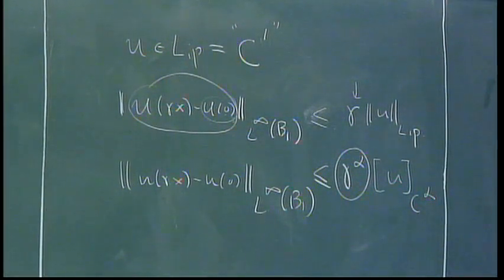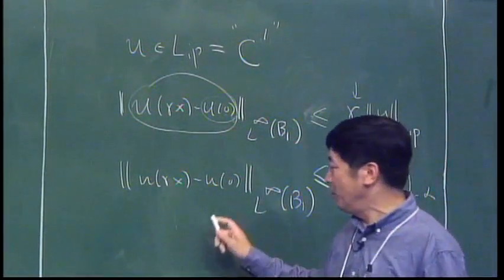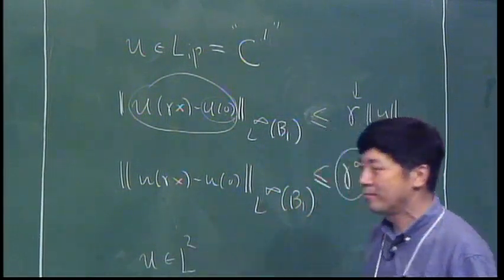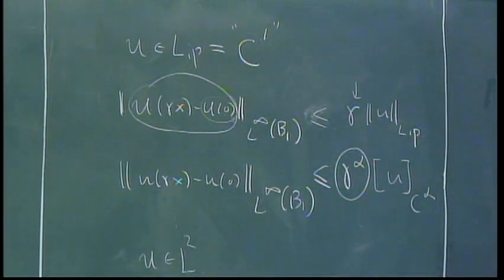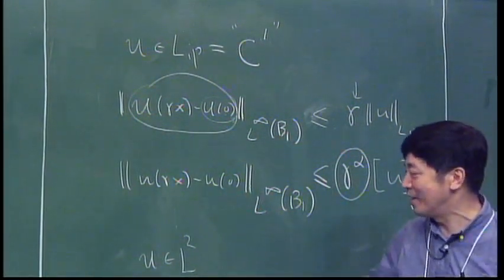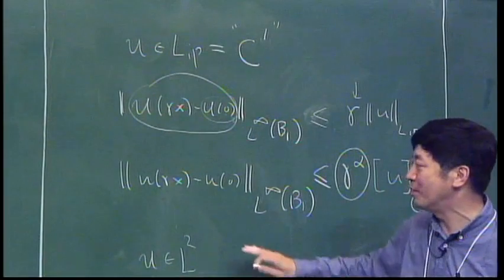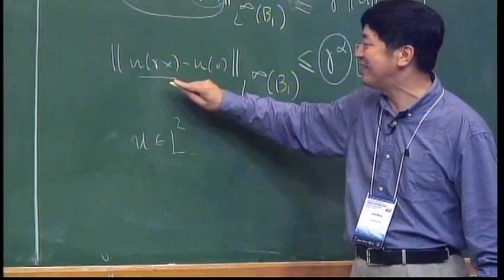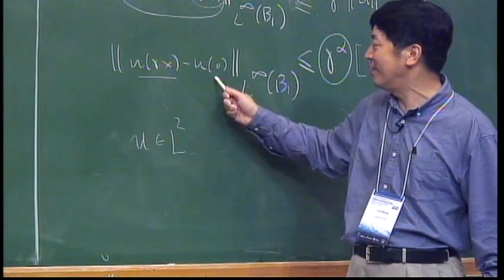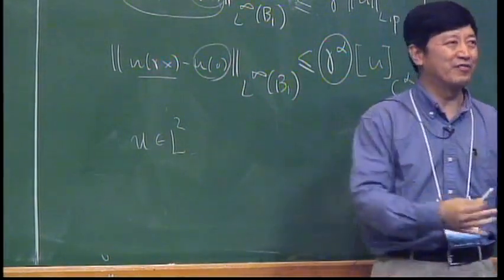Then I want you to go a little bit beyond what you can see from this line. You follow this, for example, U is in L2. Then I want you to observe what the Schauder regularity of U in L2 is, or how this thing decays with respect to R. And clearly U is this number, I cannot write it down.